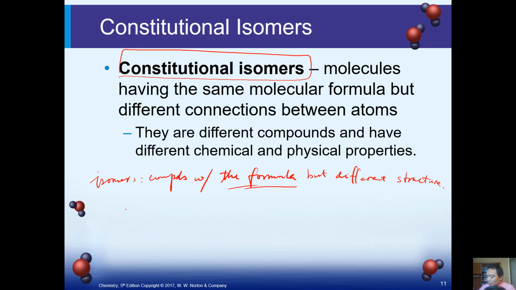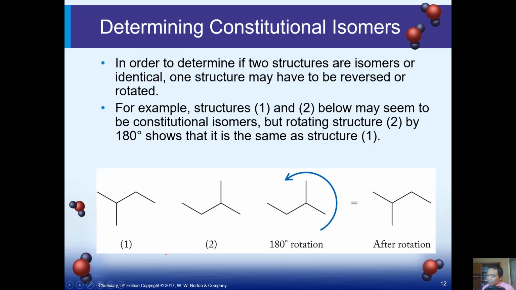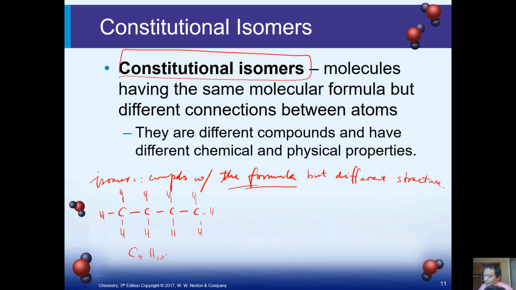I'm going to give you one example. For example, you have this compound. That's butane. We went over this previously. So when you write the formula for butane, this would give you C4H10. We have another compound that has 3 carbons in the main chain, and you move the next carbon like this.